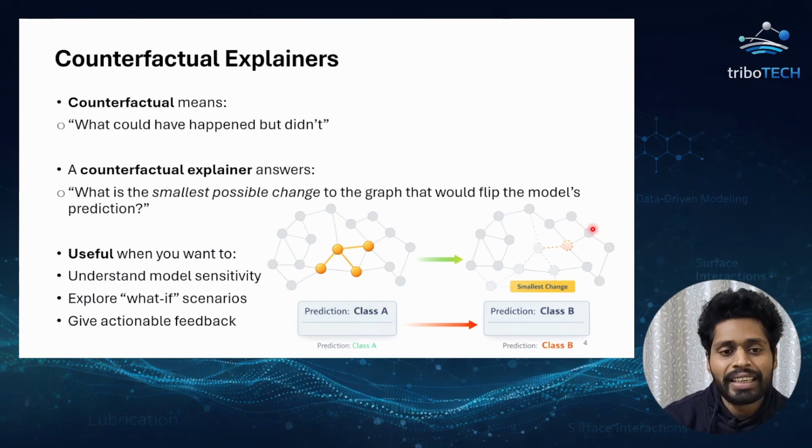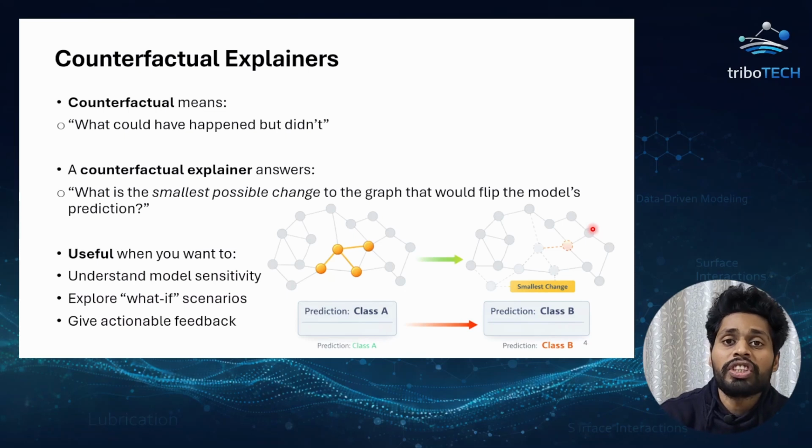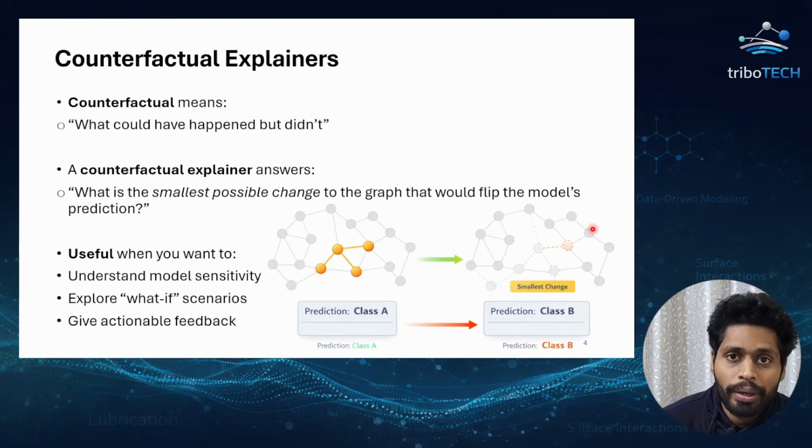And thirdly, they give actionable feedback. Now, factual explainers only give you feedback. For example, they say that this particular subgraph is important in your graph, or this node feature is important in your graph, but they cannot propose any action. But on the other hand, counterfactual explainers give you an action to do, right? To get the desired prediction that you want from the model, right?